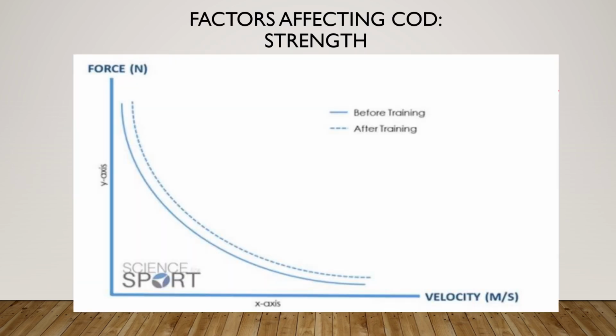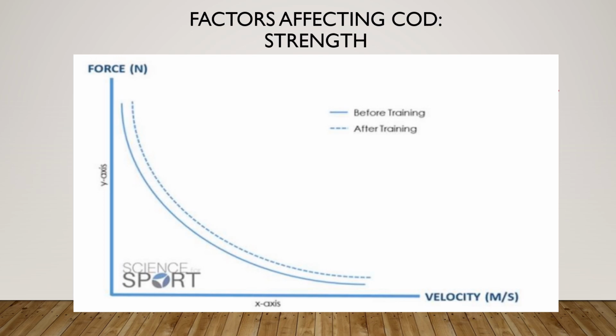And if we think a little bit more about the role that strength can play in our ability to change direction, then we need to think about the force-velocity relationship. Whilst obviously we might be able to exert high forces at a low velocity, when we're performing a change of direction, obviously there are periods where we have some slightly longer ground contact times, but fundamentally we want to be able to develop high amounts of force at a high velocity.